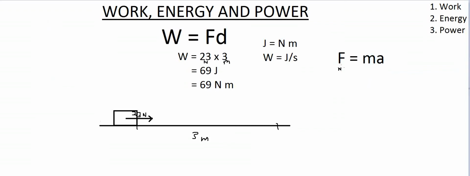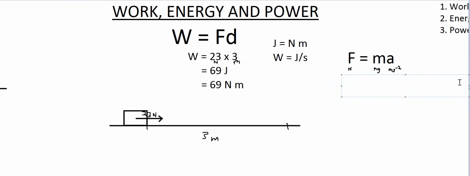F is in newtons, m is in kg, and a is in meters per second squared.